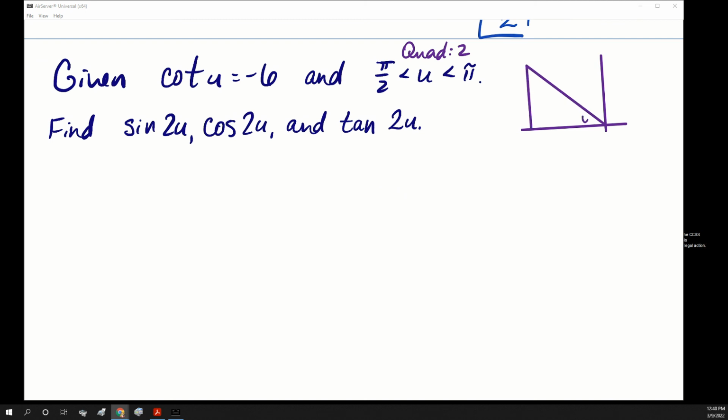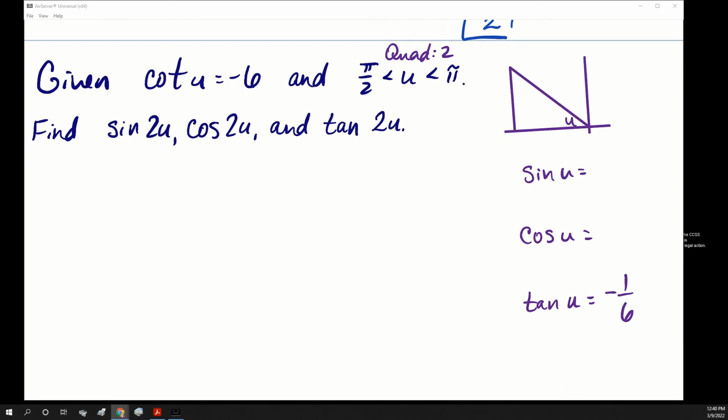All right, this is going to be u. And to use these double angle formulas, we need the sine, cosine, and tangent of u. Do we already know the tangent of u? It's the reciprocal of the cotangent, so it's -1/6.